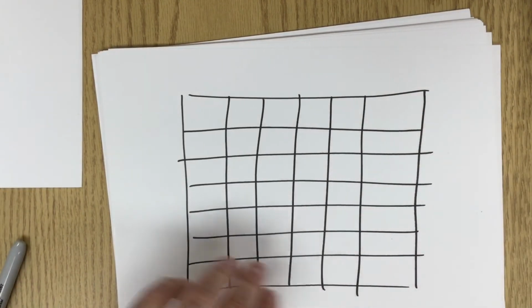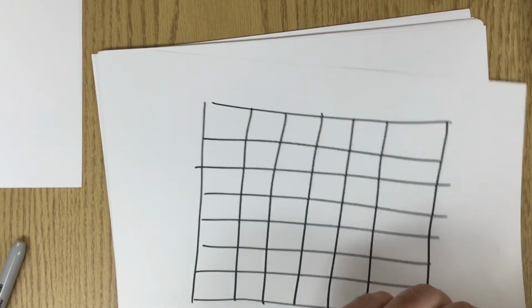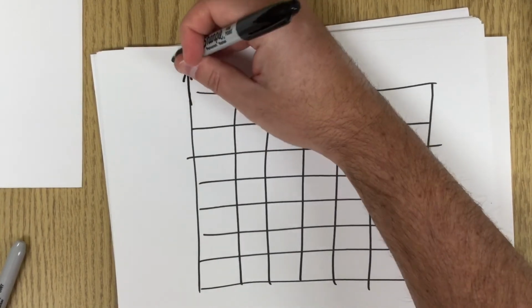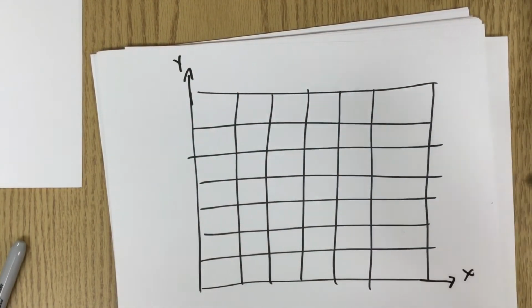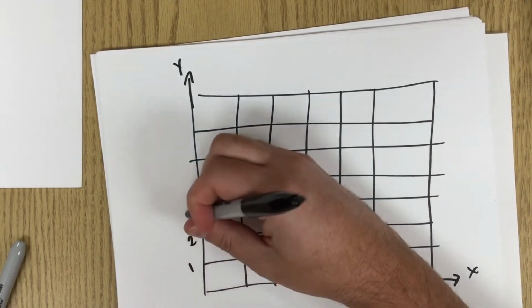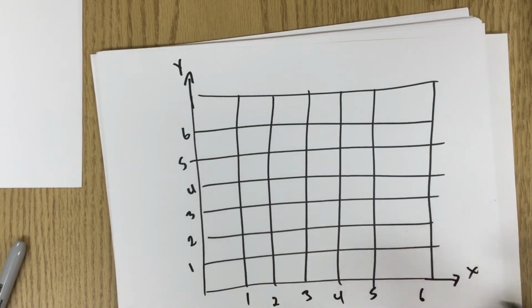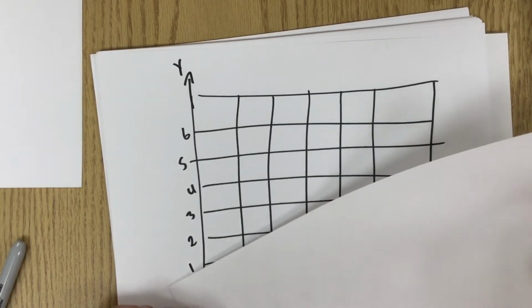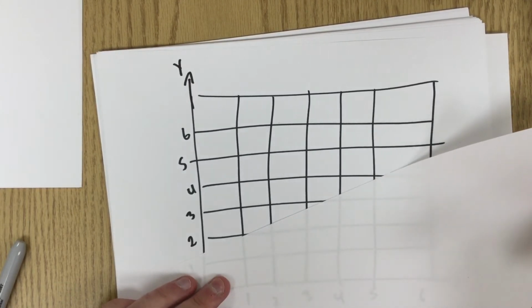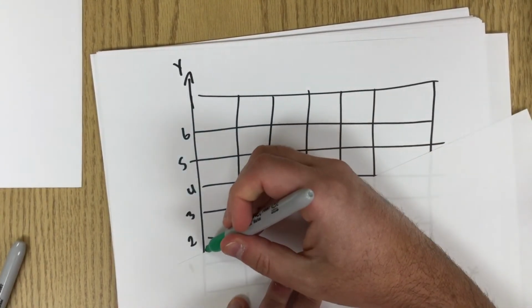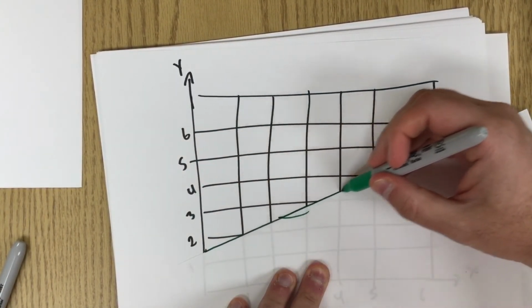Okay, so we'll say that this is kind of our y-axis, and this is our x-axis. We'll have a scale, 1, 2, 3, 4, 5, 6. 1, 2, 3, 4, 5, 6. We'll go like this. Hopefully you have a better ruler than I do.